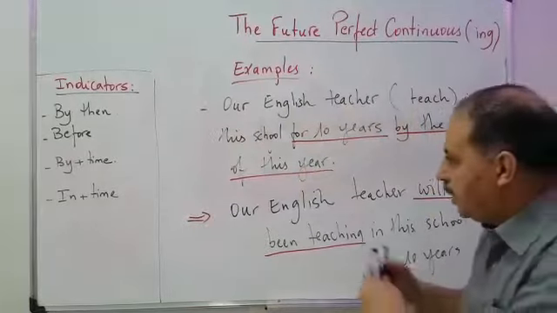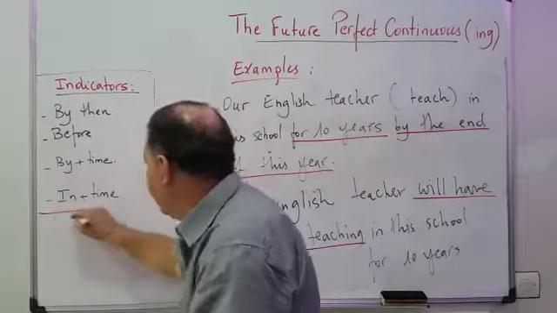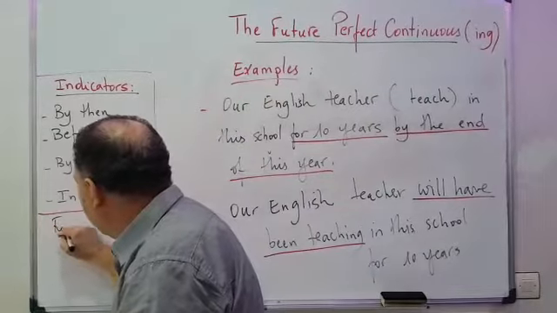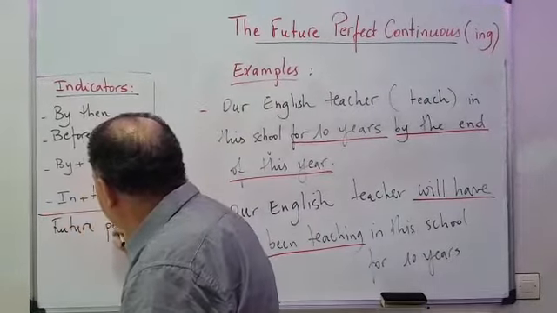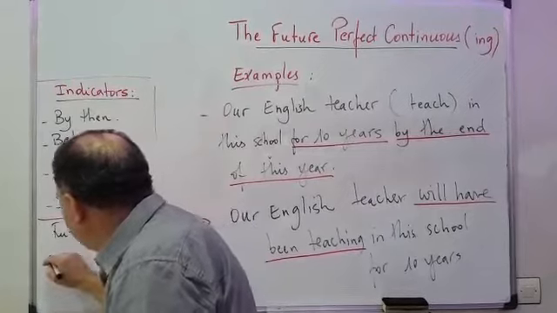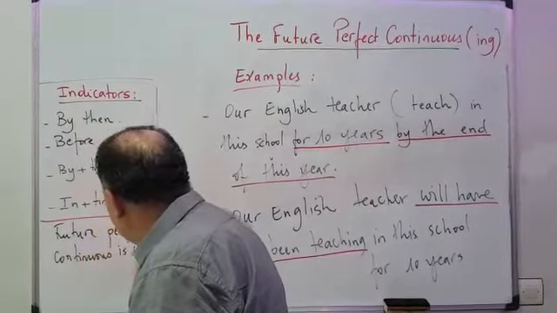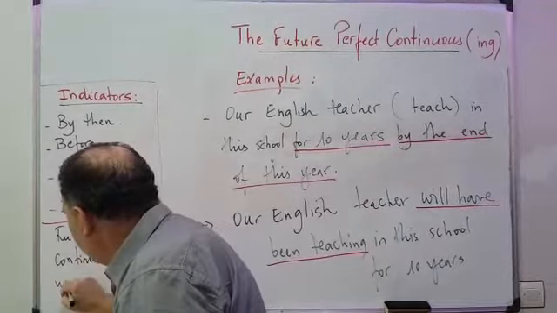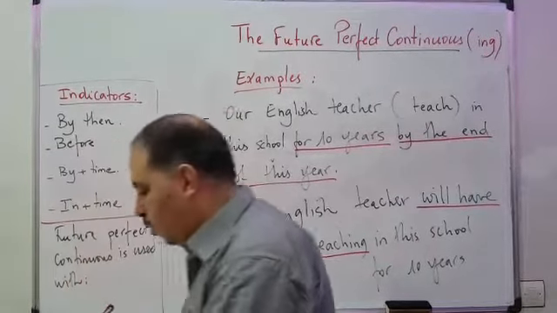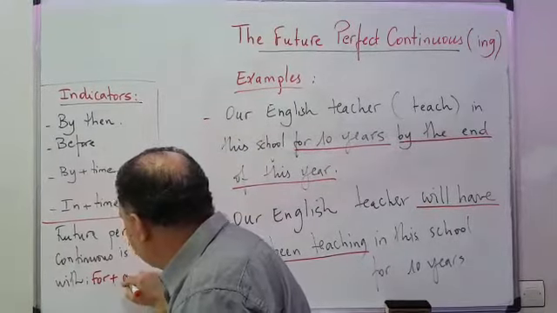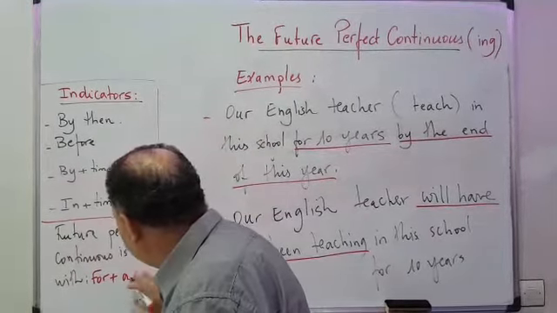So here another indicator. Here I can add here another indicator. So future perfect continuous is used with what? With for plus a duration plus what?